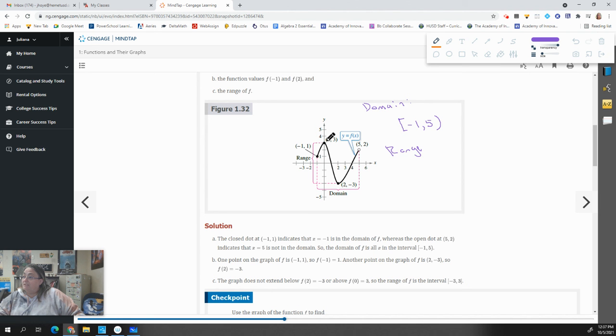Technically, we would write it as it starts at -3 because you go lowest to highest, and it will go all the way up to 0. It is including both. They're all solid dots. There's no open dots on there. Oops, but I still made it a parentheses instead of a bracket.